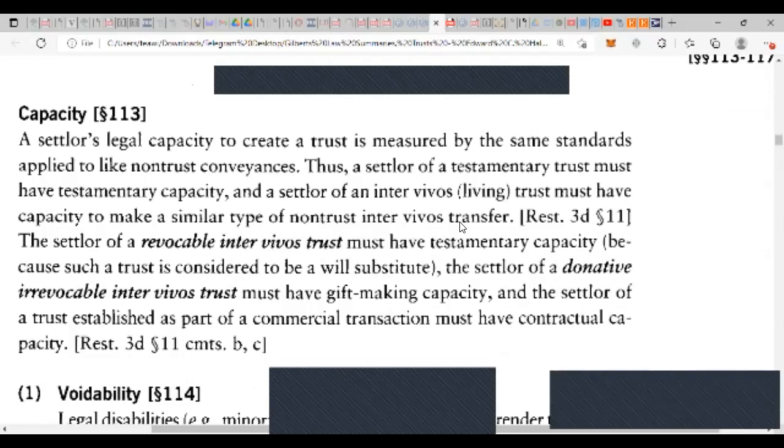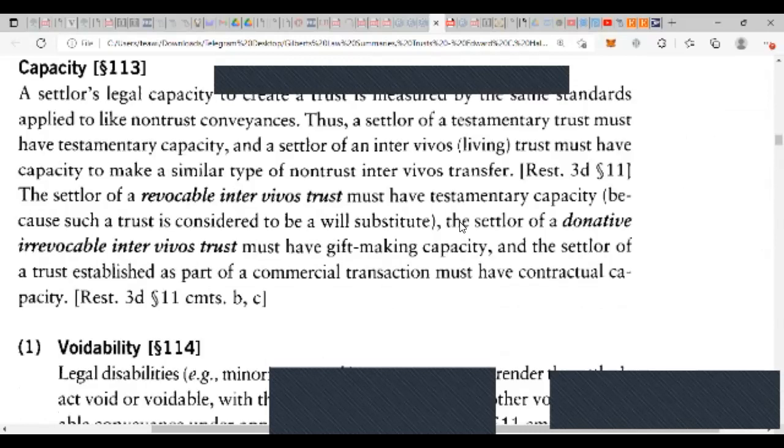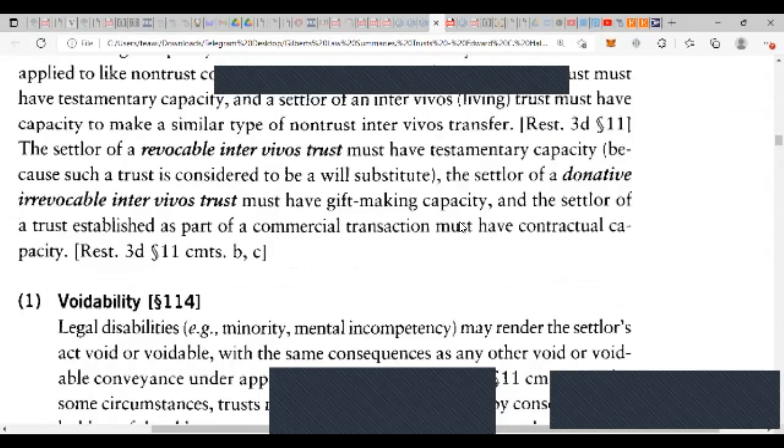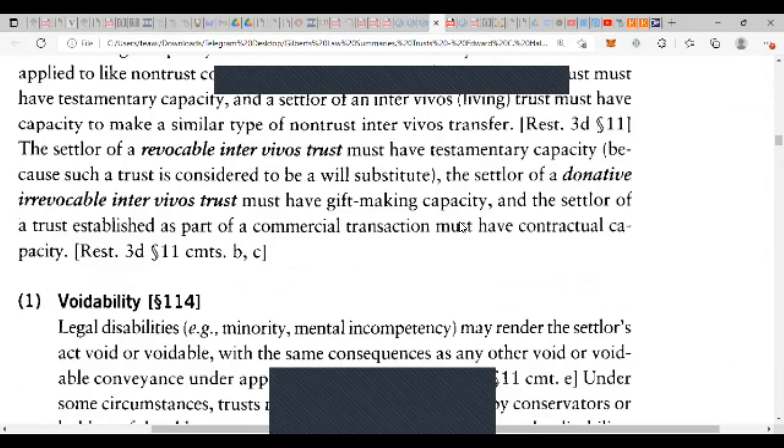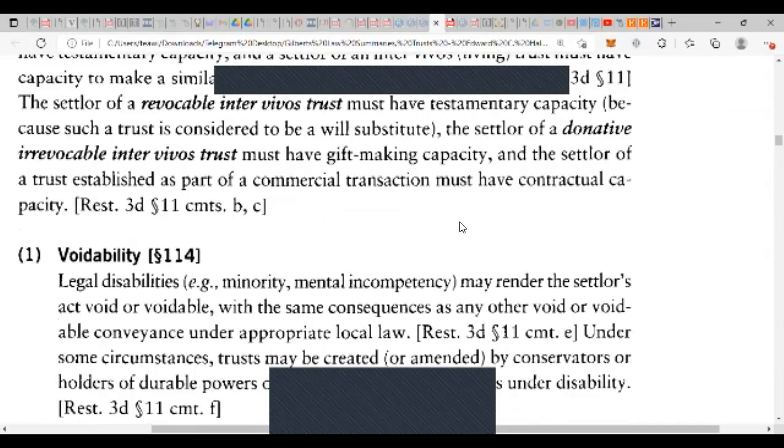Thus, a settlor of a testamentary trust must have testamentary capacity, and a settlor of an inter vivos living trust must have capacity to make a similar type of non-trust inter vivos transfer. Restatement Third, Section 11. The settlor of a revocable inter vivos trust must have testamentary capacity because such a trust is considered to be a will substitute.